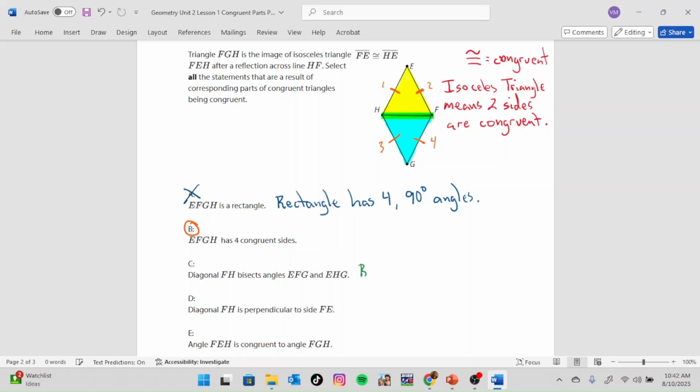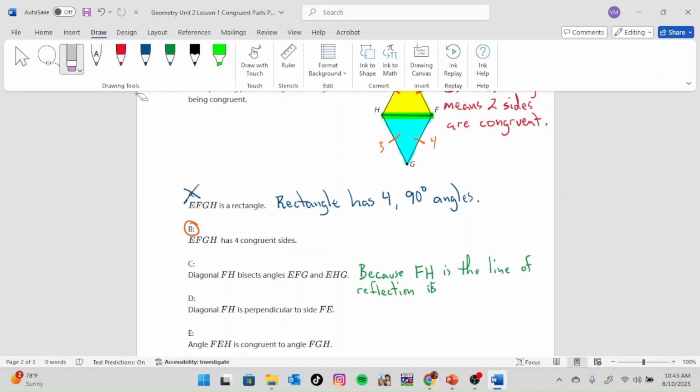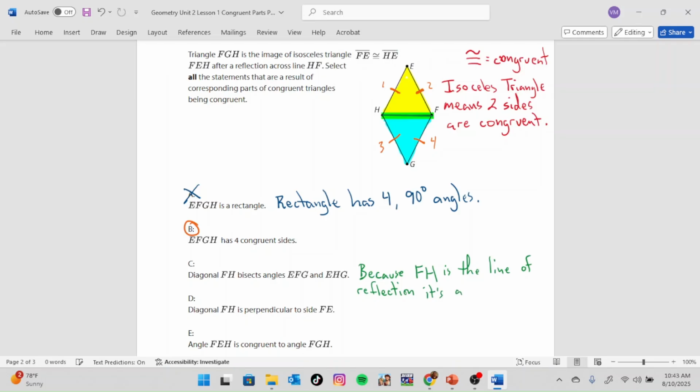So, because FH is the line of reflection, it's also the bisector. So C is correct. I have my triangle on top, I have my triangle on bottom. They are split by FH, so therefore the angles made up by the sides of those two triangles are being bisected by that line of reflection.